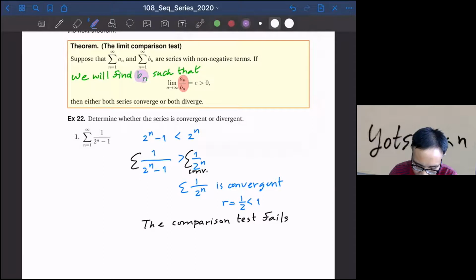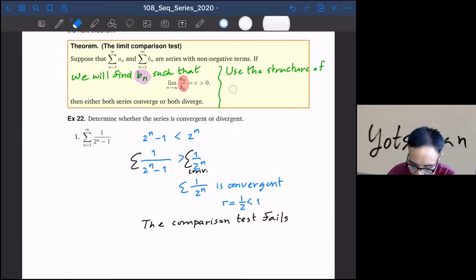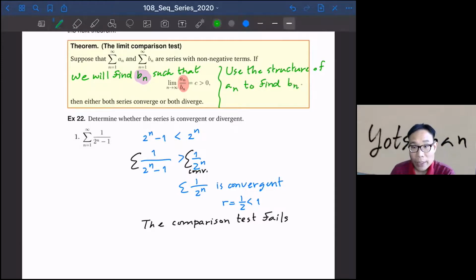We're going to use the structure of An to find Bn. I will explain what this means.